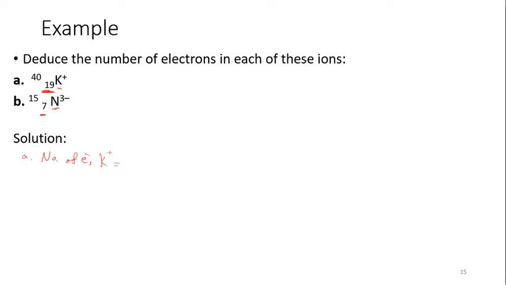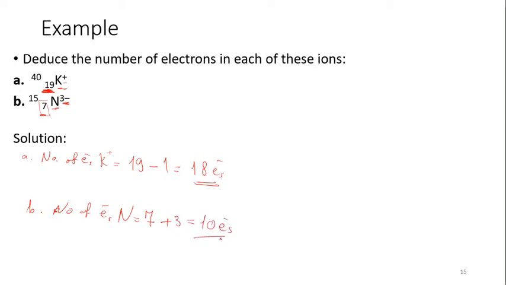This means in the neutral atom I have 19, but because it has lost 1 electron, 19 minus 1 is equal to 18 electrons. So in the potassium ion I have 18 electrons. For nitrogen with a charge of minus 3, the neutral atom has 7 electrons and has gained another 3 electrons, which makes the total number of electrons equal to 10.